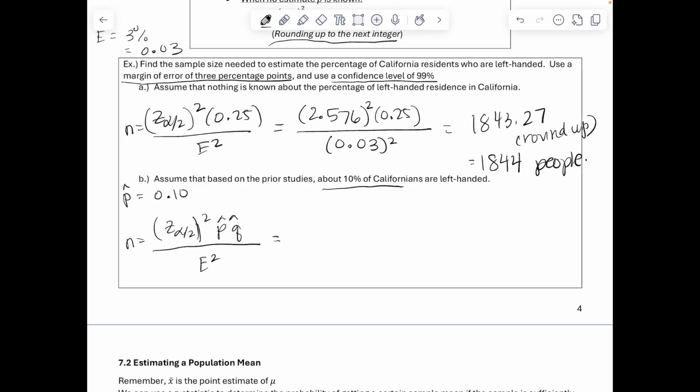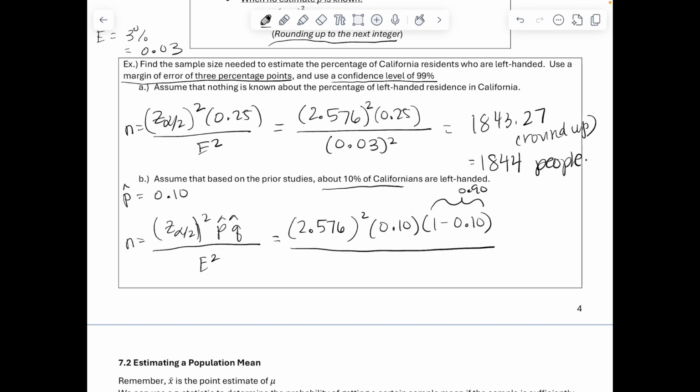And we already looked at the table above and got the z alpha over 2 for our confidence interval to be 2.576. And we're going to square this. p hat is 0.10. q hat, again, is 1 minus p hat. You can also write this as 0.90, divided by e, which again is 3 percentage points, written as a decimal.